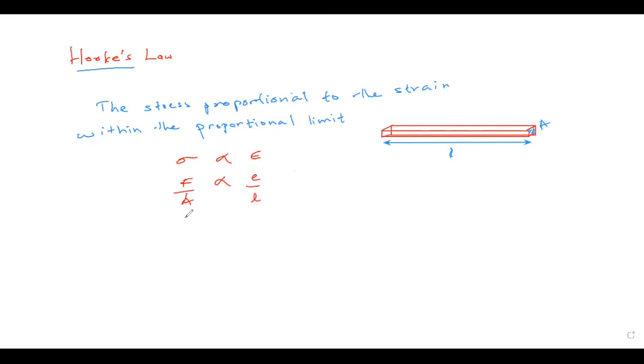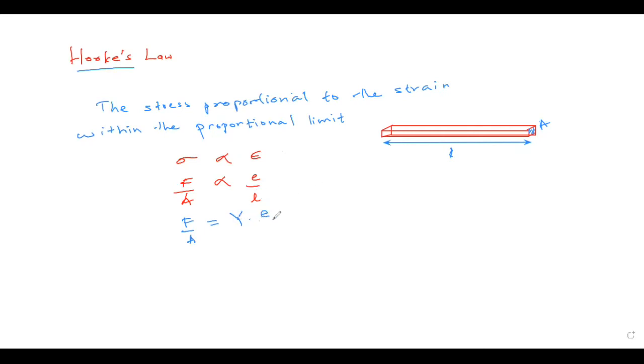So here now I can write F over A equals, we put for the proportionality constant capital E, or we can use capital Y. Some people use capital E, some people use capital Y, because it is called Young's modulus or elastic modulus, either one of the terms is correct.